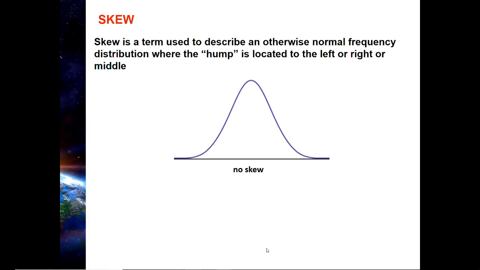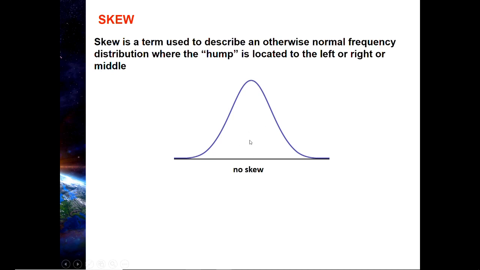Here's some other jargon that you really need to know, and it has to do with the shape of the distributions. This is something called skew. When we talk about skew, we're just talking about where this, we'll call it a hump, is located.